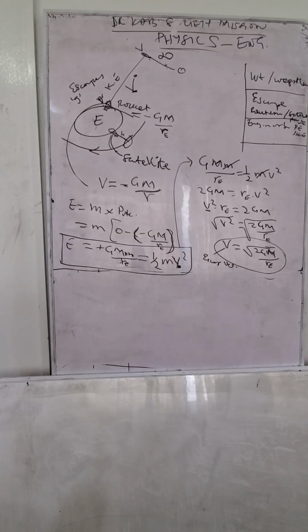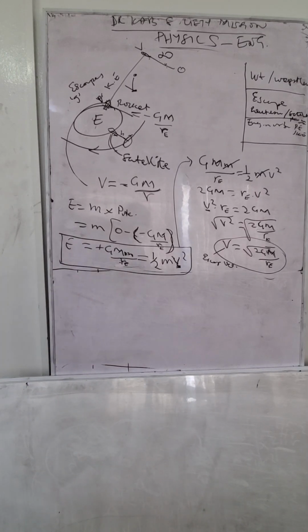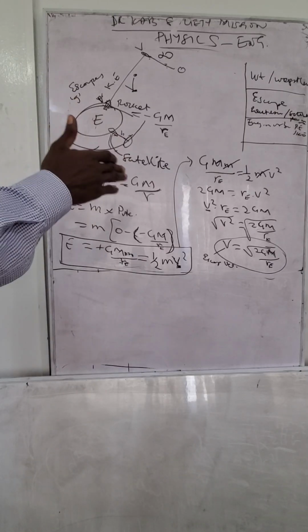G is a constant, the mass is given to you, and the radius of the earth is also known. Then you should be able to find the escape velocity needed. In this case, it is between the earth and the second body, which is the unit mass.